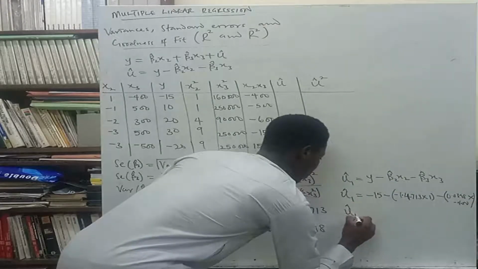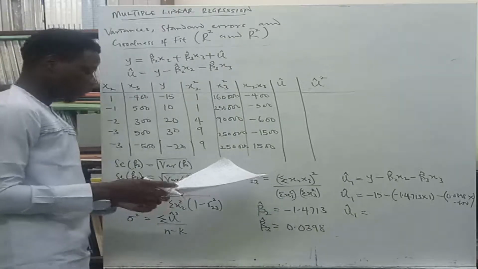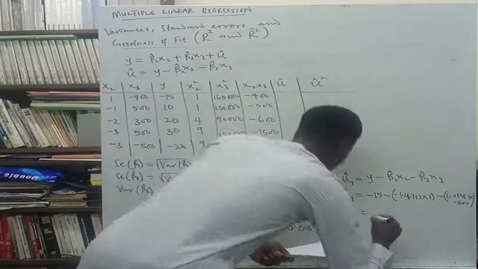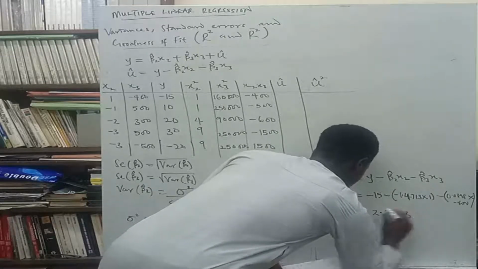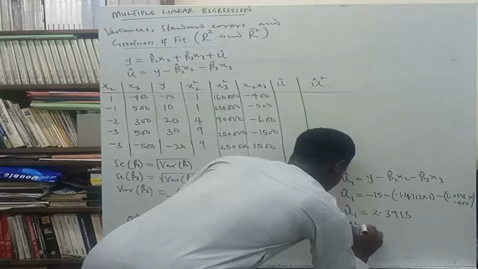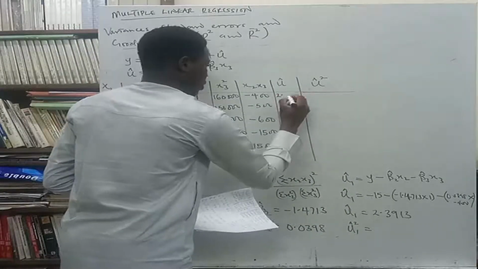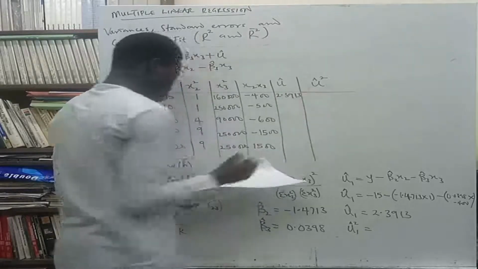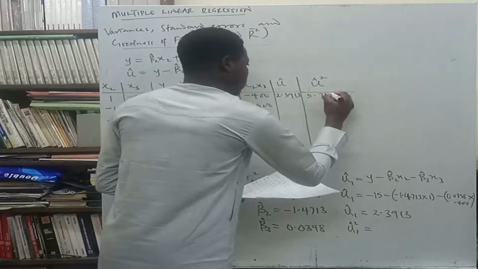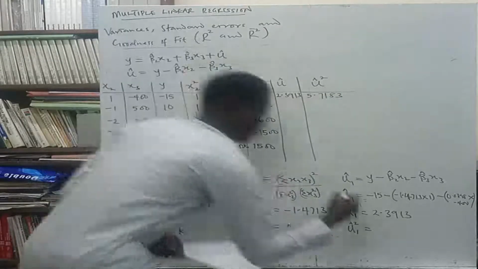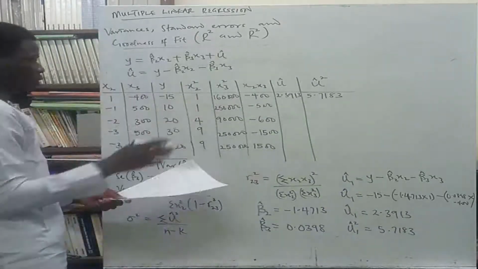When you do this on your calculator, you are going to arrive at 2.3913, and we also need the square of that. So the square of 2.3913 is 5.7183.